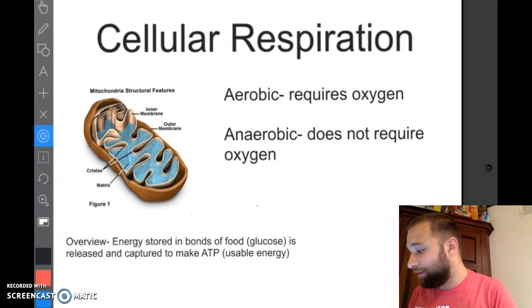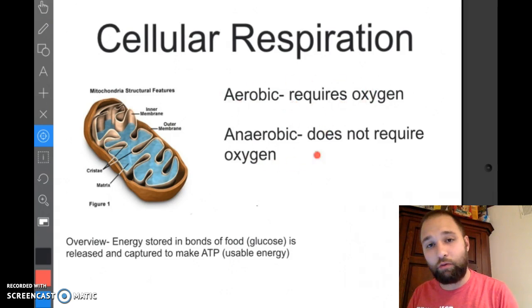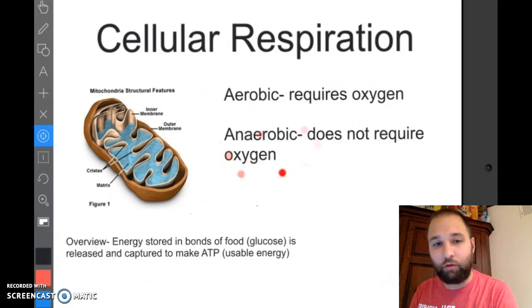So that's the first page of notes. What you should know, you can read over the top what we're going to have to be able to do. You should know there are two types of respiration, aerobic and anaerobic. You should know that aerobic requires oxygen. You can think of it as aerobic, think air, but make sure you say it does not require air, it requires oxygen, because that's important. And anaerobic does not require oxygen.